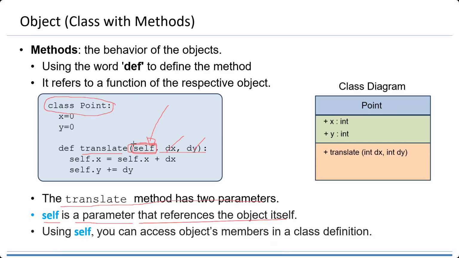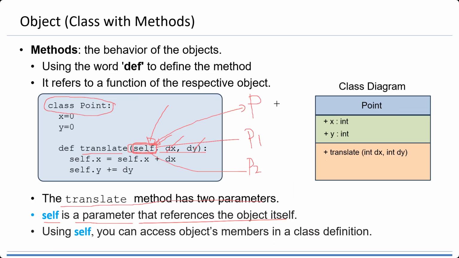Python will understand this refers to a particular object. If you use P, then this is the self for P. If you use P1, then this is the self for P1. If you use P2, then this self is for P2.